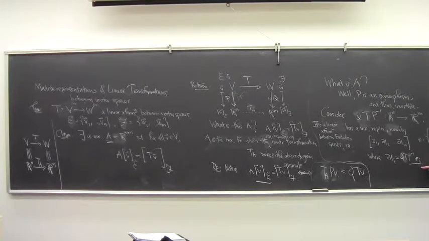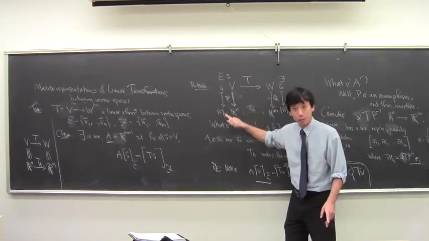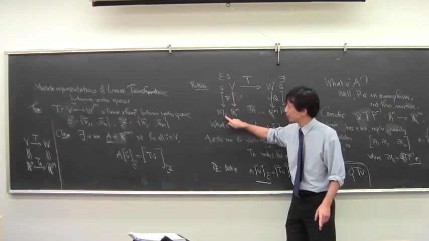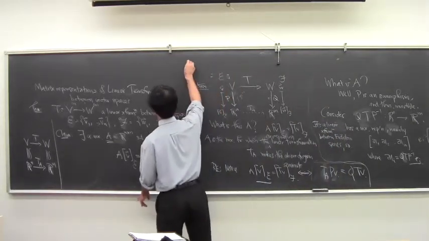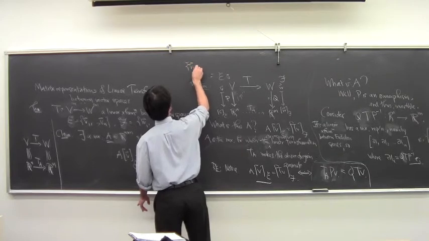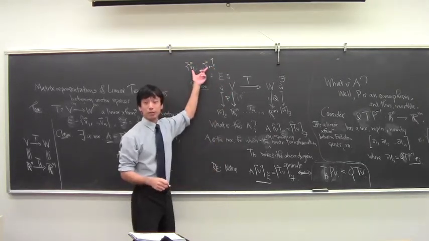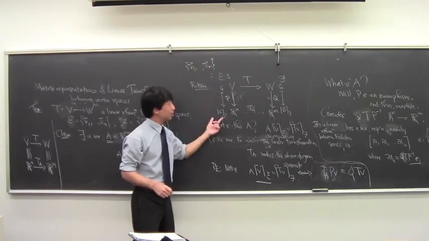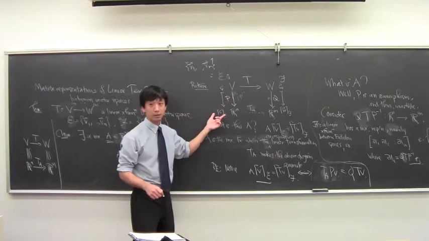Remember what P is, right? P goes from vector to coordinates based on the E basis. The E basis was V1 through Vn. So it says, take your vector, express it in terms of these, and then map it down to the coordinates. Now, P inverse is going to do the reverse.